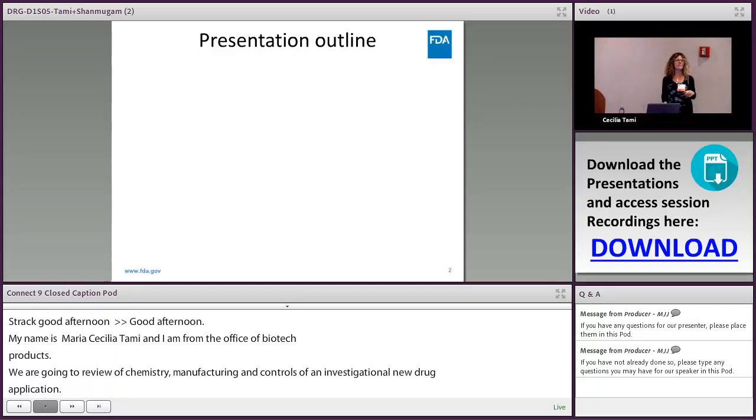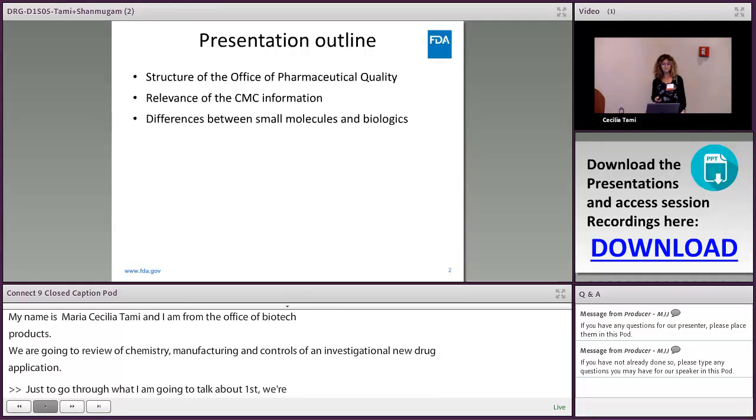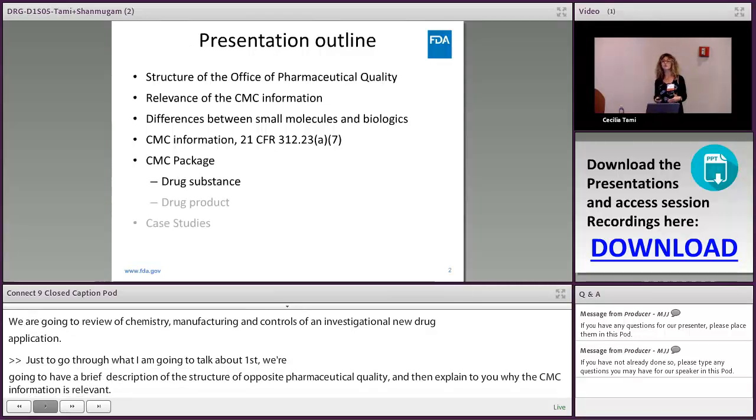So just to go through what I'm going to talk about, first I'm going to do a brief description of the structure of the Office of Pharmaceutical Quality, OPQ, and then explain to you why the CMC information is relevant for an IND and, of course, for a BLA or NDA. Discuss a little bit what are the differences between small molecules and biologics, and then dive into the CMC information that is required for an IND.